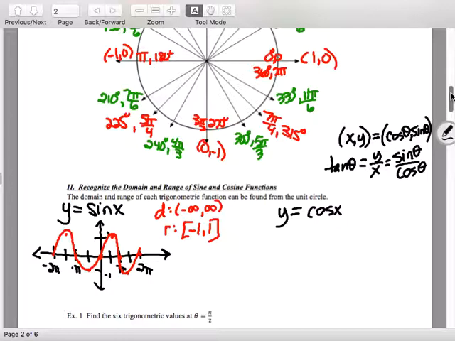And if I want to graph y equals cosine x, again, the period length is 360 degrees, or 2 pi now. In PreCalculus, we work predominantly in radians.